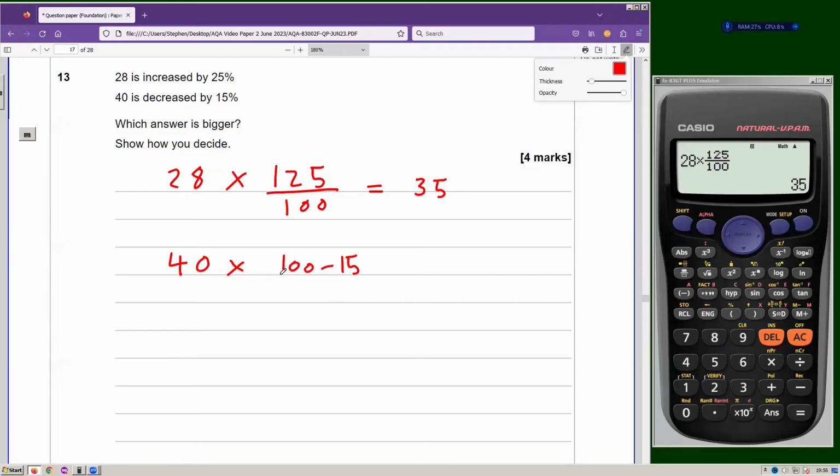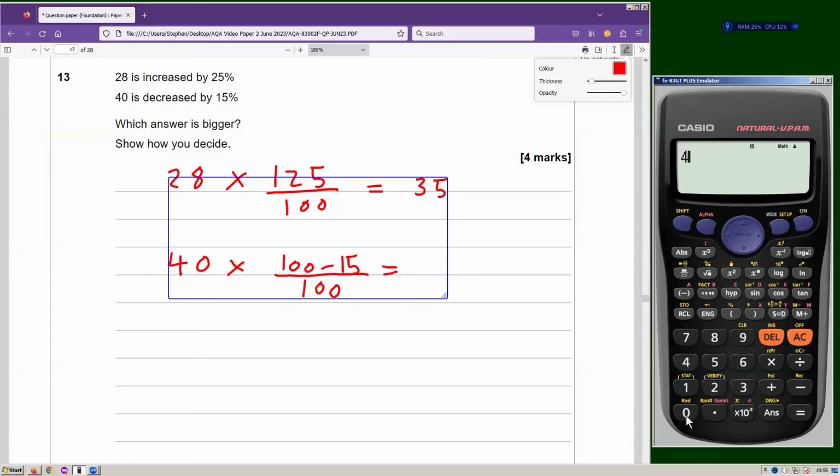I know I could write that as 85, but I'll put all of it into the calculator like that. 40 times bracket 100 minus the 15. And effectively, when you do a fraction like this, this bit gets worked out first, of course, before we divide. It's a bit like having it in a bracket. Don't need to use a bracket. It will work. 34. So our answer there is 34.